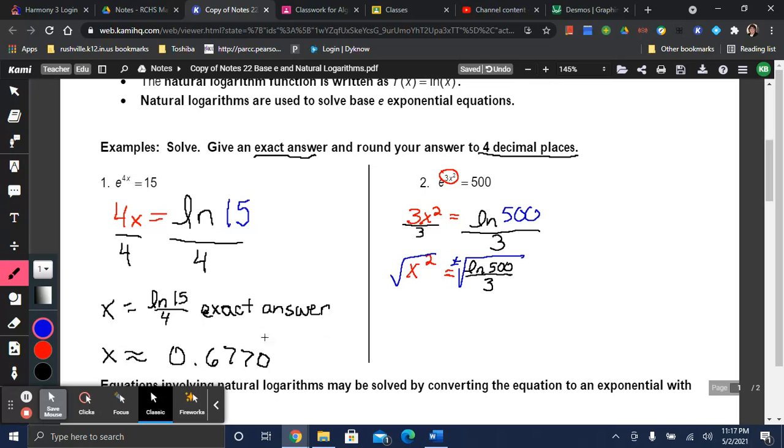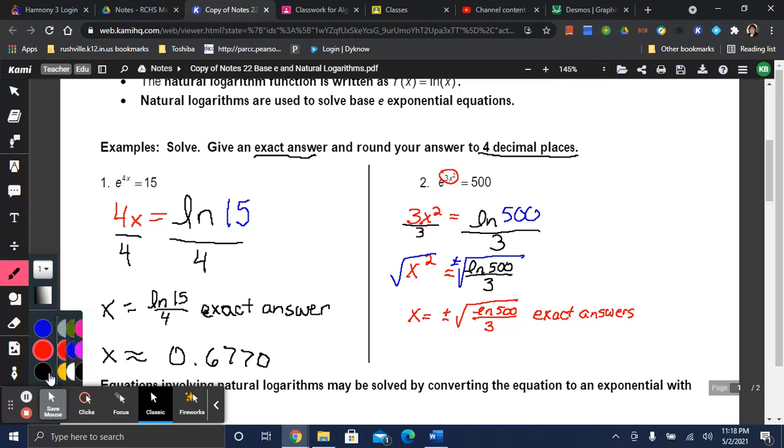You get plus or minus. So that makes us have x equals plus or minus the square root of the natural log of 500 divided by 3. This is what we would consider to be the exact answers. There are actually 2 of them.